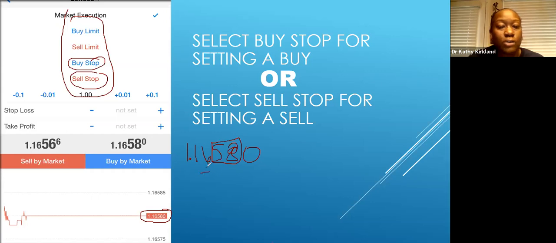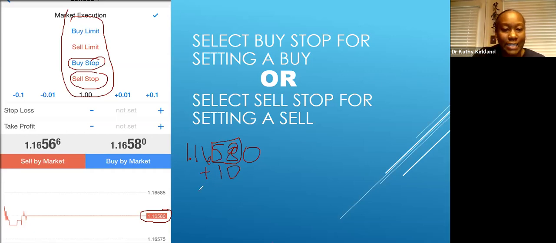If you're going to do a buy stop, you're going to add 10, and I'm using 10 pips just for training purposes only. You can add 20 pips, you can add 100 pips, however many pips you want to that number, but I'm going to use 10 for training purposes only.